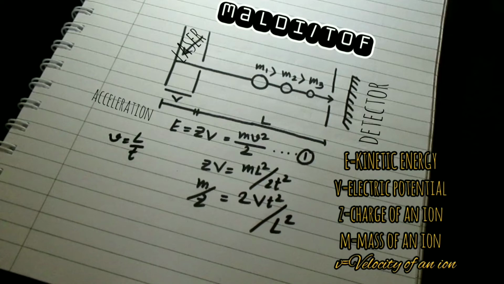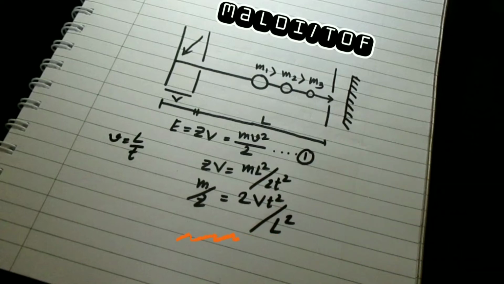The velocity of the ion is the length of the flight path divided by the time it takes the ion to travel over that distance. So we can write the equation replacing the value of small v in equation 1. So it gives us this.